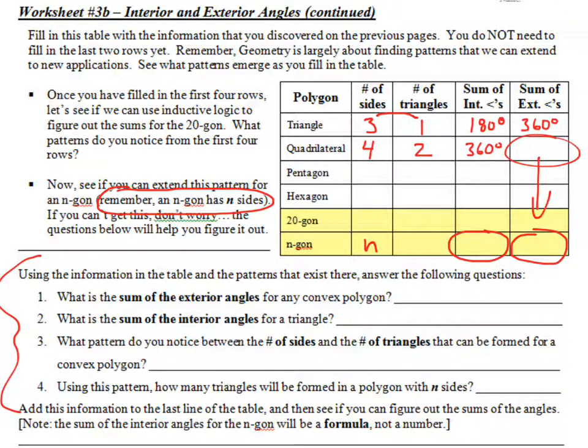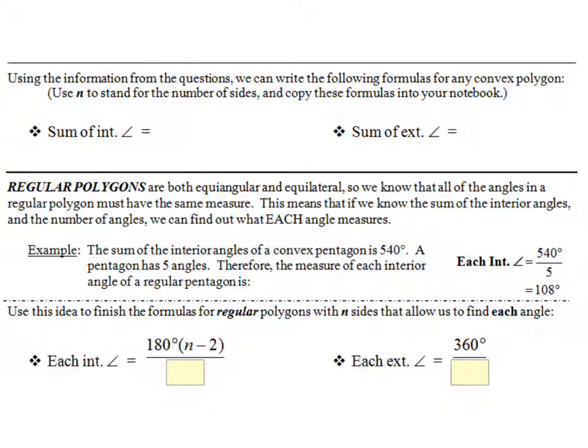You should find a pattern that belongs to all of the sum of the exterior angles that can help you fill in this bottom part. And you should have found a pattern going across to each of these that will help us figure out a formula here. So these two formulas, 1 and 2, whatever those formulas are going to be the things that go here. Of course, they're not actually 1 and 2, it's just the pieces that go there. Okay?